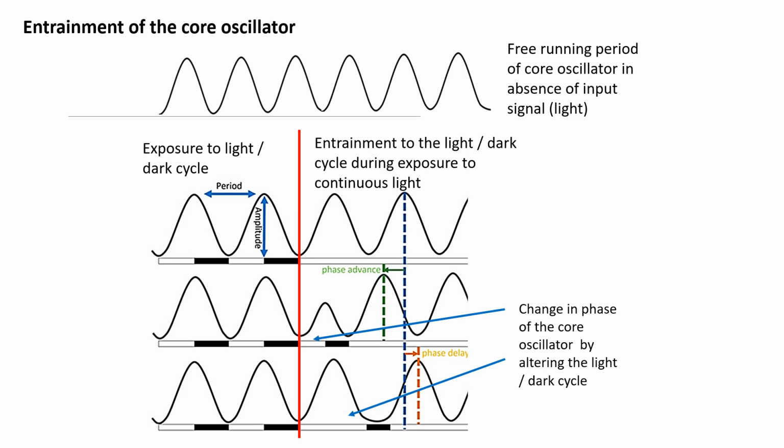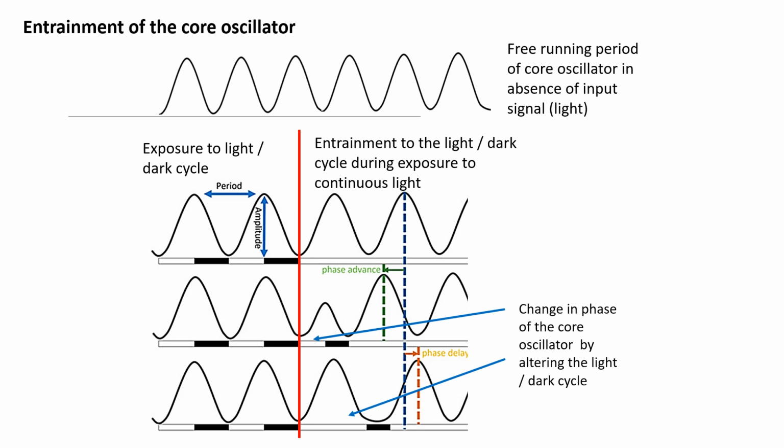If the light duration changes, say by having a shorter light-dark cycle, the clock may show a change of phase in the circadian rhythm. The clock then resets to the 24-hour cycle eventually, but there will be a phase advancement as compared to the phase during the free running period.